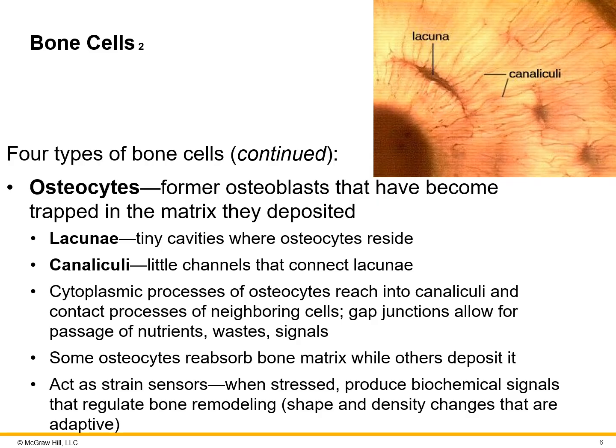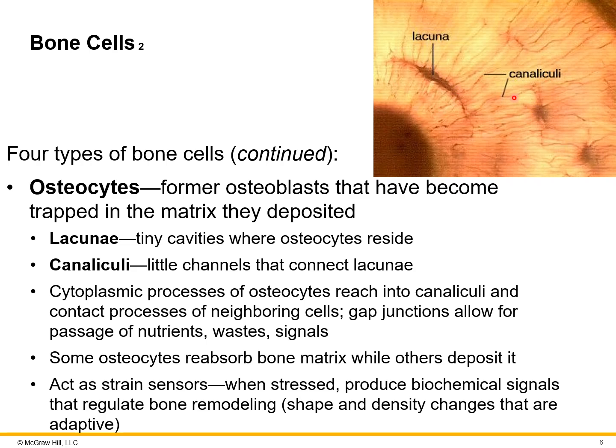This is a great image here showing the space that they live in called the lacuna. And those lacuna are interconnected by these slender little channels called canaliculi. And those are going to connect lacuna to lacuna and the osteocyte that lives in each lacuna.